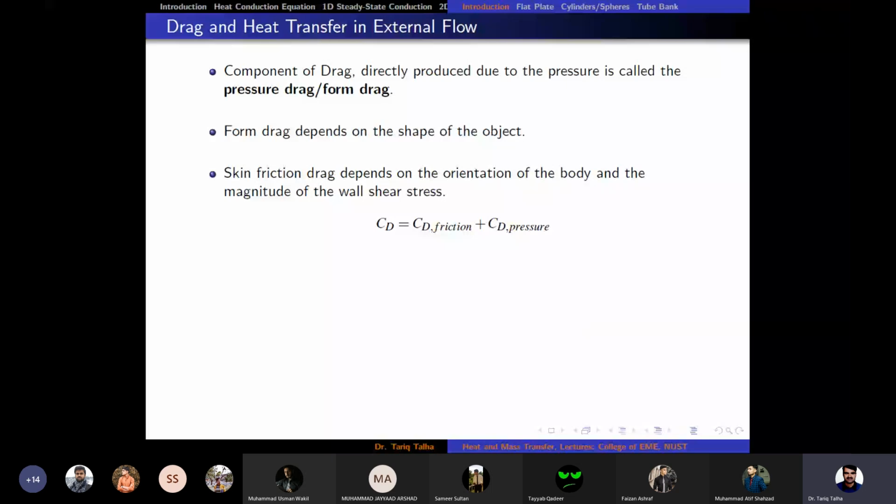So for skin friction drag, if the body is a very thin or streamlined body, then the skin friction drag would be more, because in that case the frontal area is minimal and the surface area on which the flow is happening is maximum. So that's why frictional force or shear force would be more in that case.